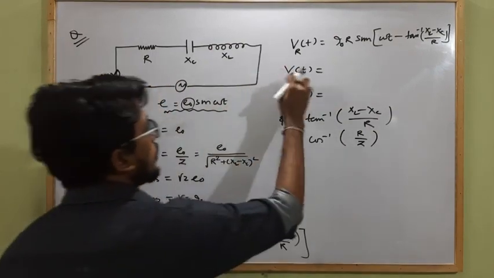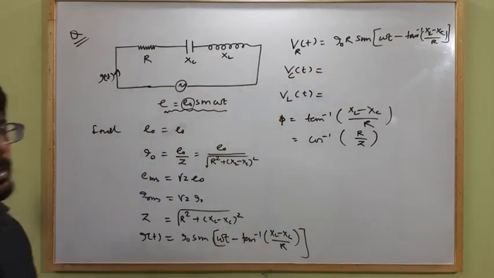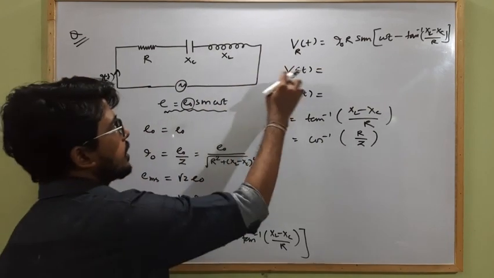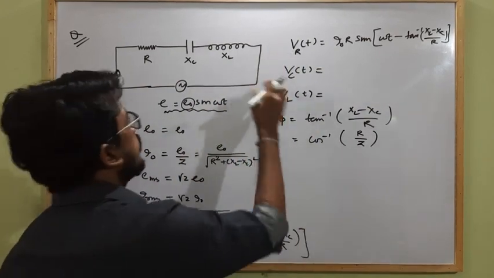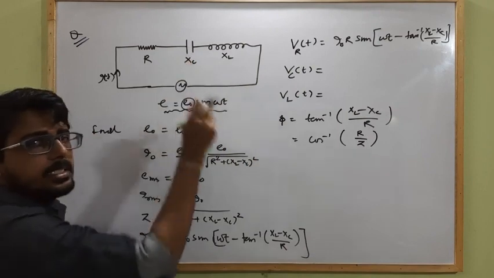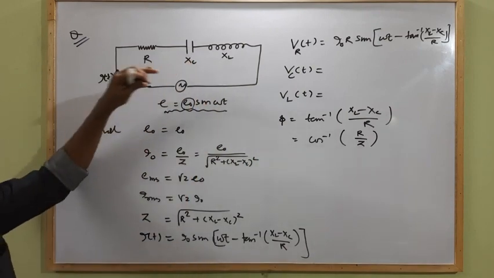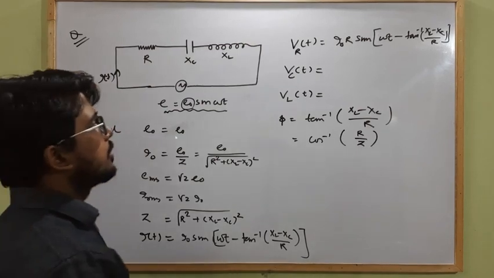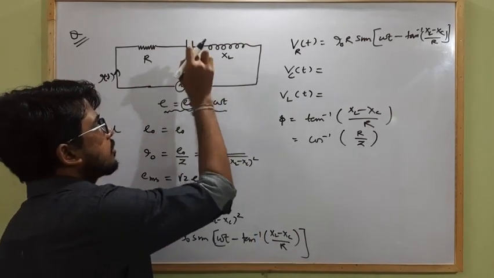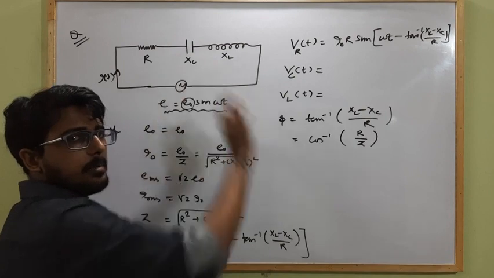Then we have to find out the potential difference across the capacitor. We know in a capacitive circuit, the current leads the potential by pi by 2 radian.